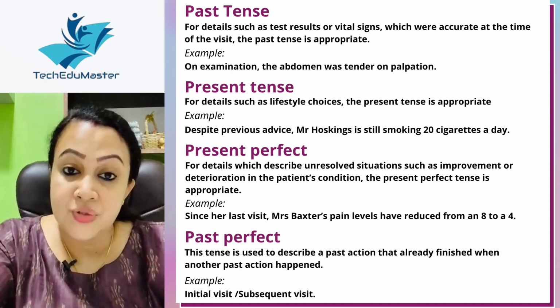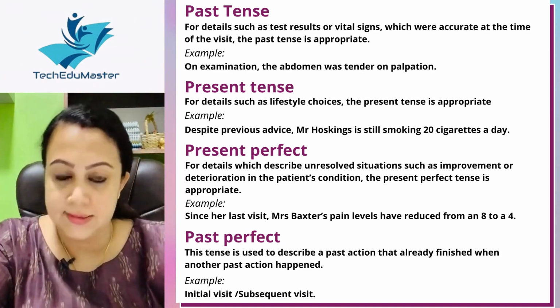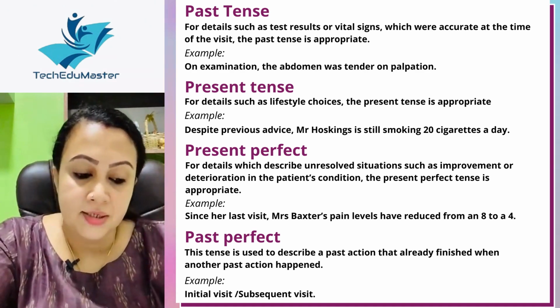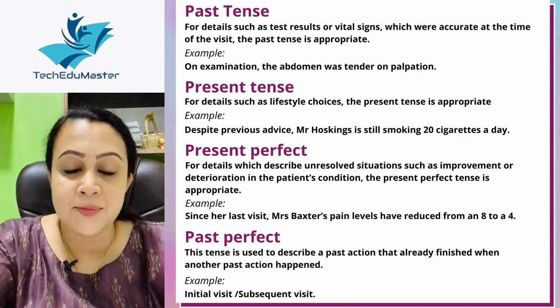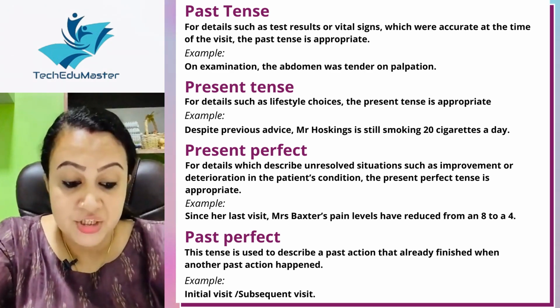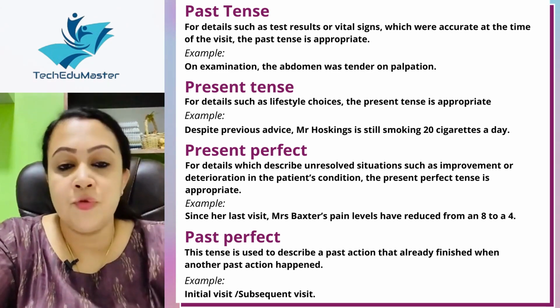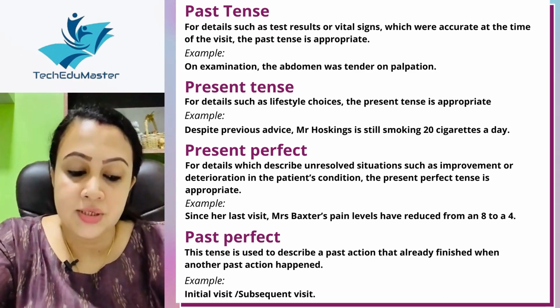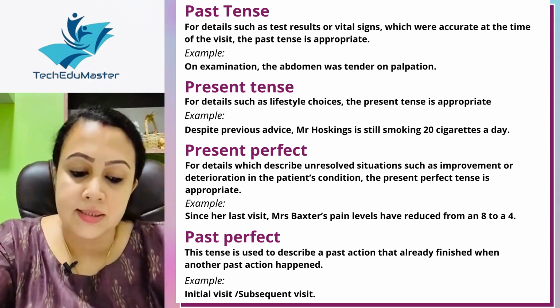What is the present perfect simple? That is has or have plus past participle, with -ed forms, like I have treated Mr. X for the last 3 years. When you want to write such things, you can use the present perfect simple.